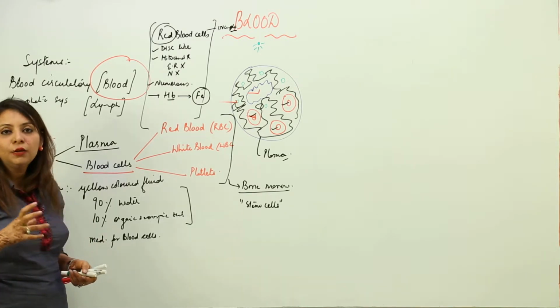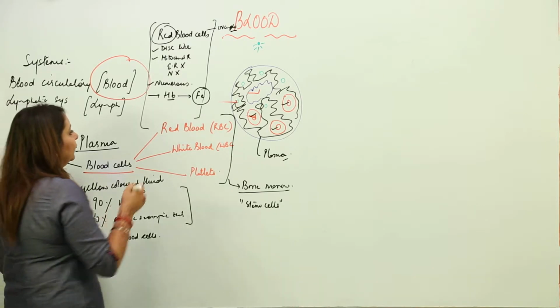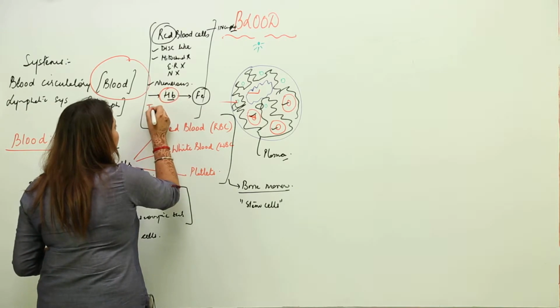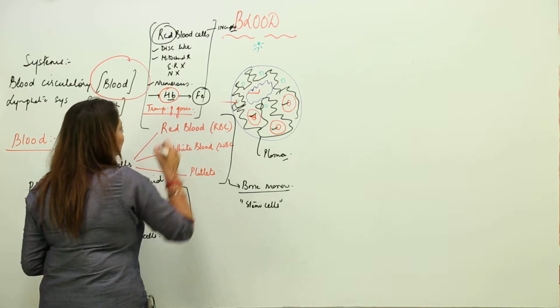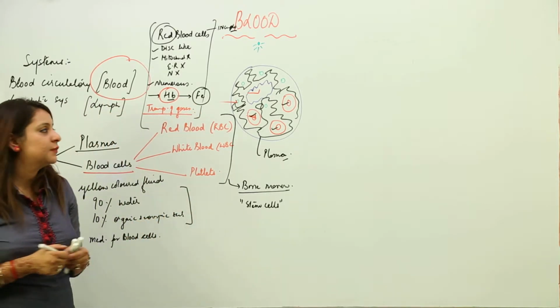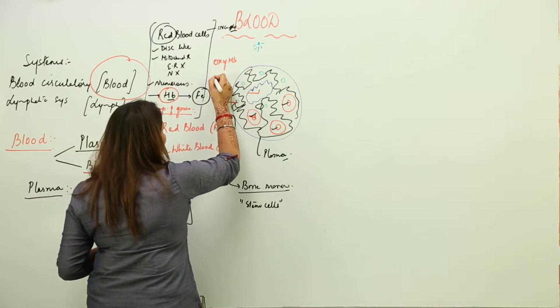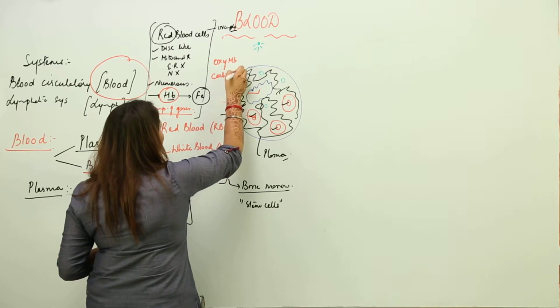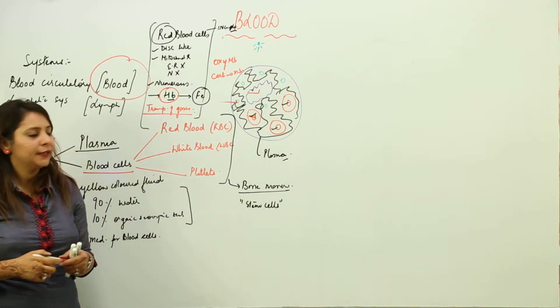And the hemoglobin performs an important function. It helps in the transportation of gases. We already did in respiration that whenever the hemoglobin transports oxygen, it forms an oxyhemoglobin complex, and whenever it transports carbon dioxide, it forms a complex carbaminohemoglobin. So it can transport gases by forming complexes with them.